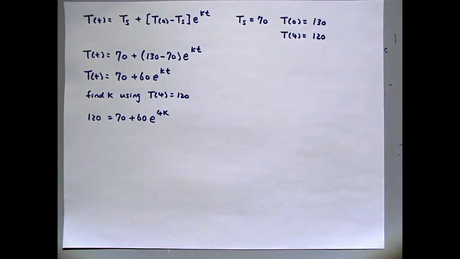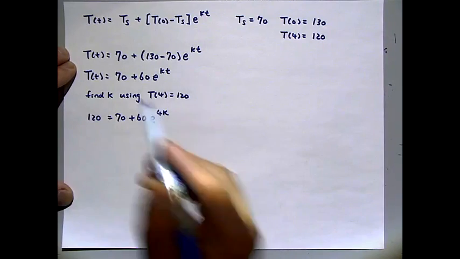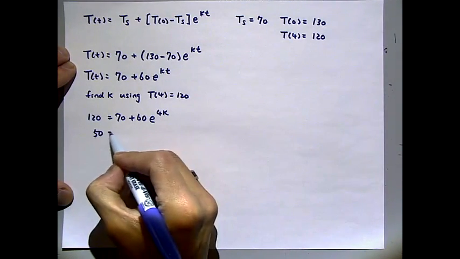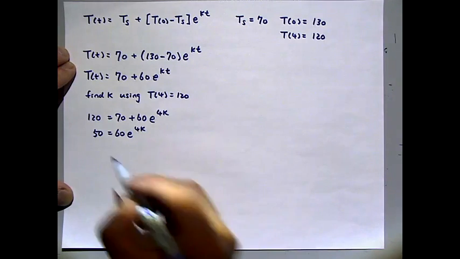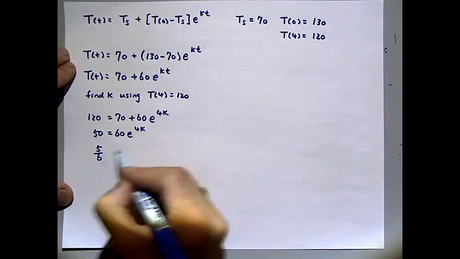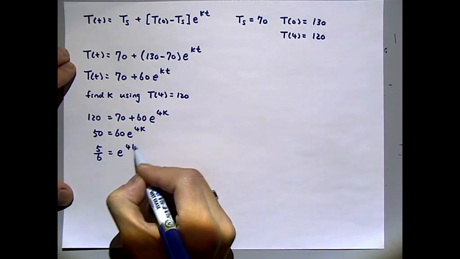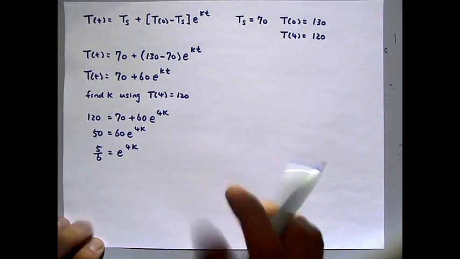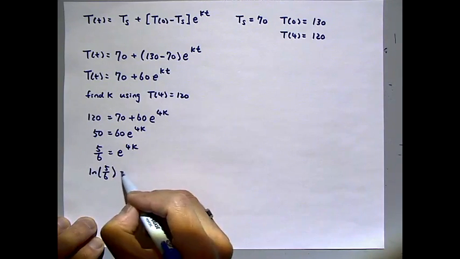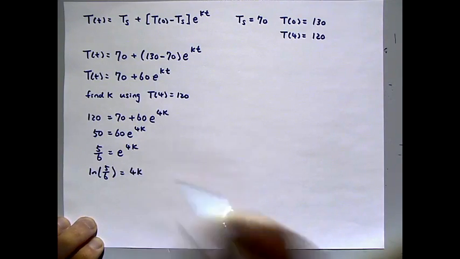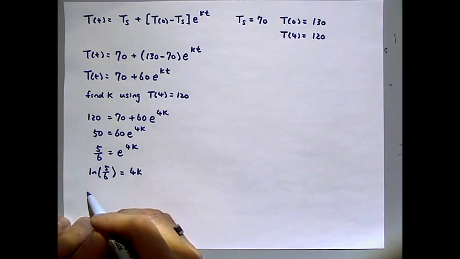Now we can find K, right? Subtract 70. Divided by 60. Take the natural log, all the standard stuff. Solve for K.